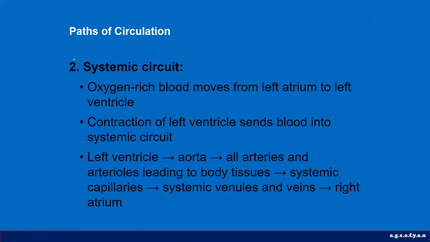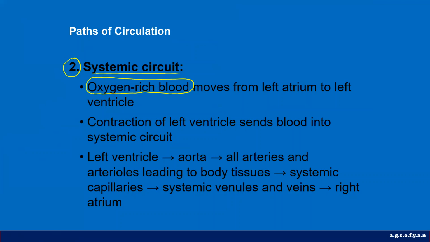The second circuit is called the systemic circuit, and the primary goal of this systemic circuit is to carry blood to our body tissues. All our body cells need oxygen. Therefore, this circuit will provide oxygen to all cells that need it.